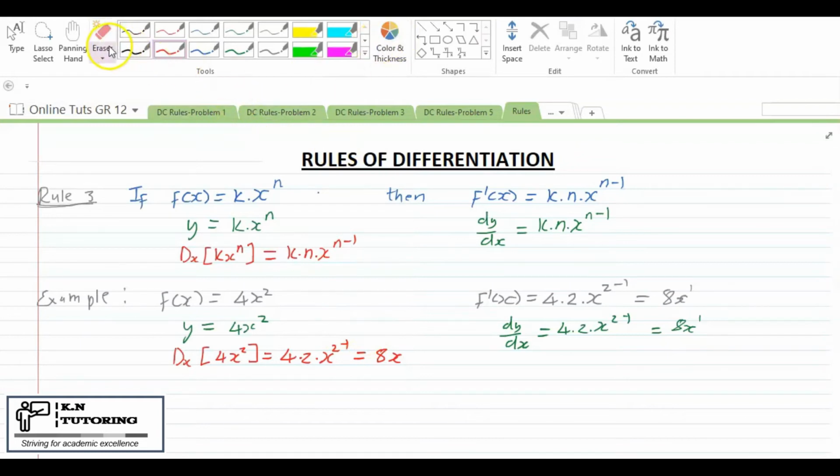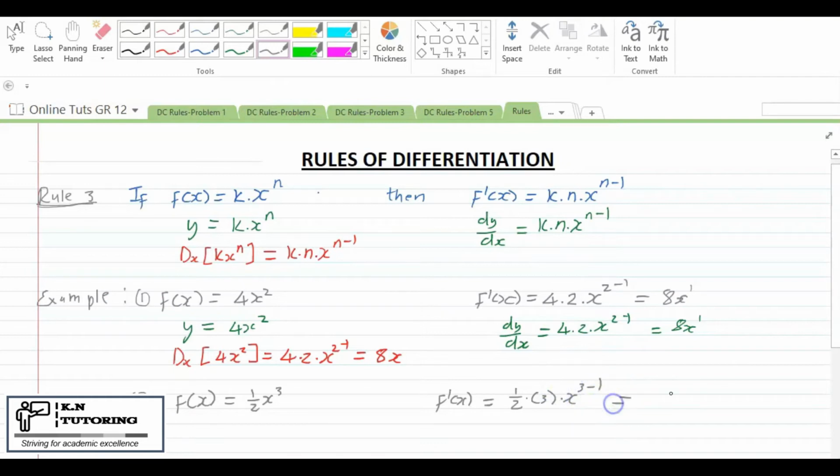Now let's look at another example. This will be example 2, but here I will only use one notation. So if we're given f of x is equal to half x cubed, we are going to apply the same principle and say f prime of x is equal to, I've got my half there, I drop the n, it's going to be 3, then I take the x with the cube there and I subtract 1.